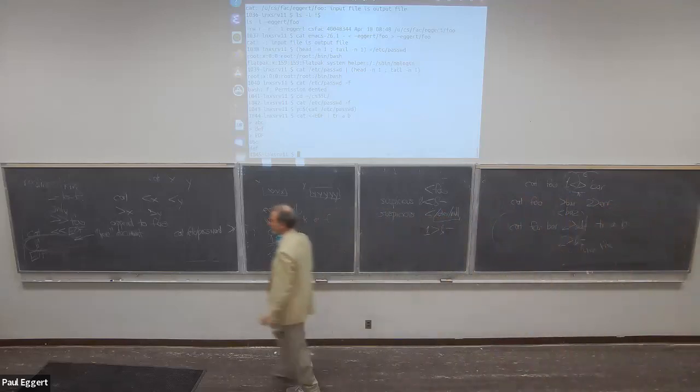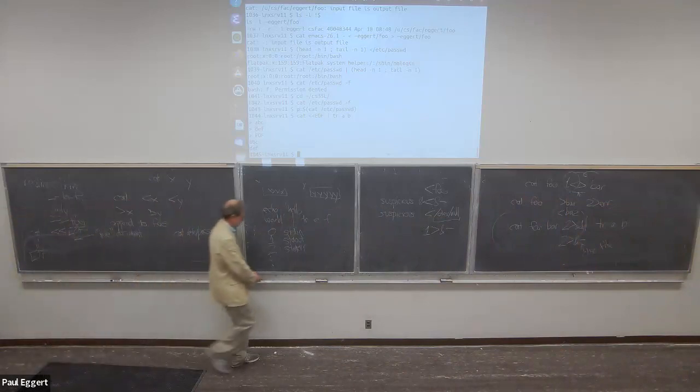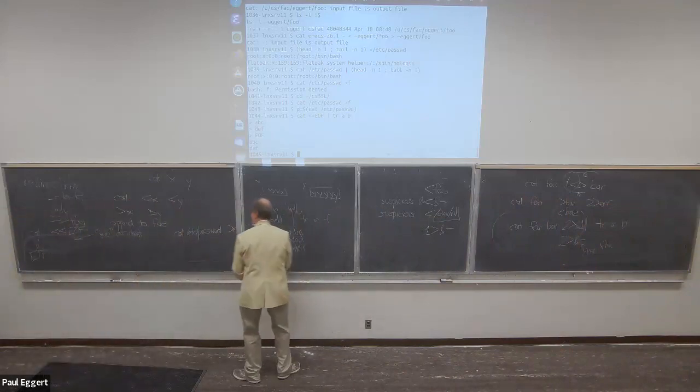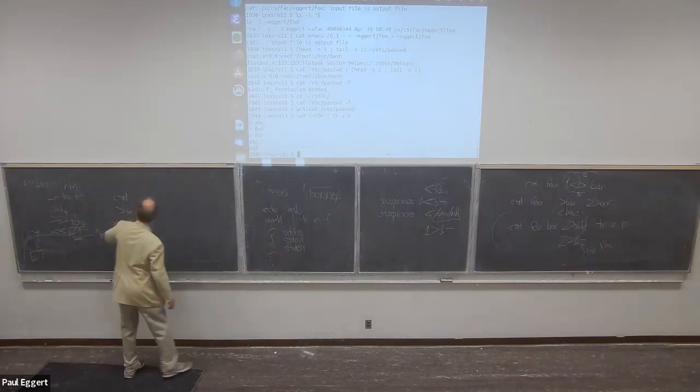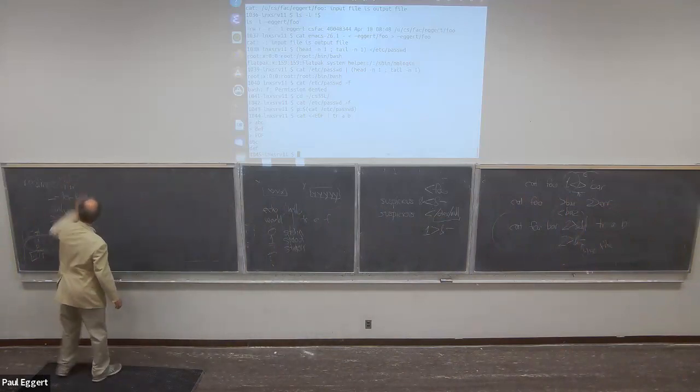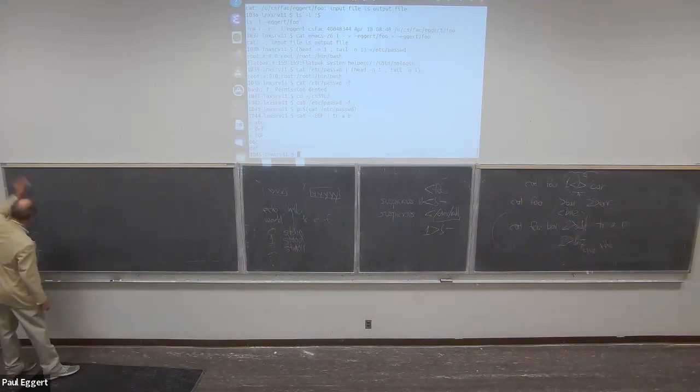All right. So I think we've done enough on the shell. I was supposed to be doing file names and Emacs, so let's at least start by talking about file names. A little bit of terminology issue here.